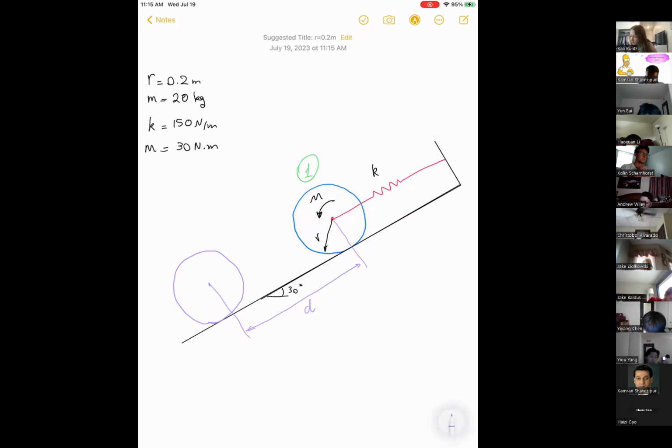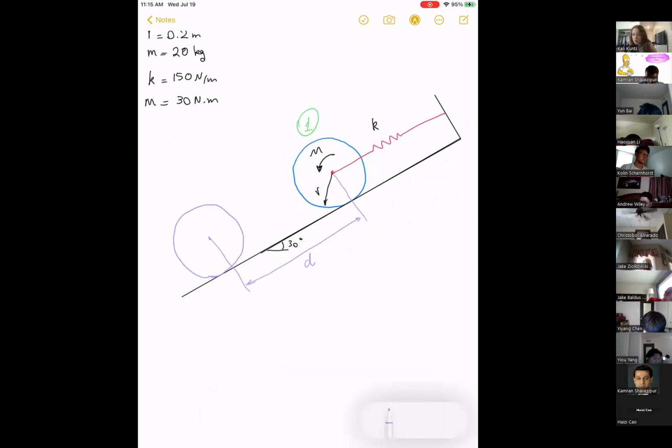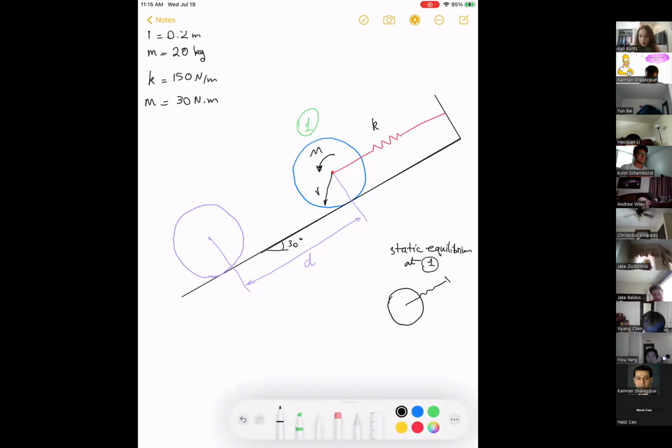There's one more thing. If you look at the equilibrium of the disk, if I do the free body diagram, so this is for a static case, static equilibrium at point 1.